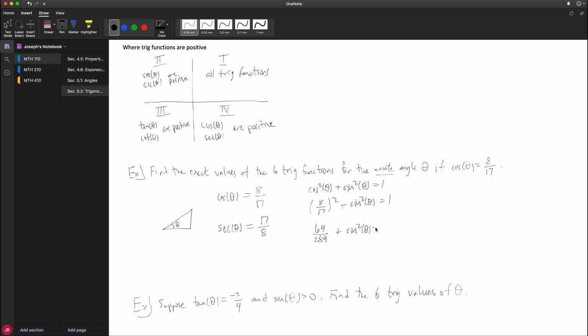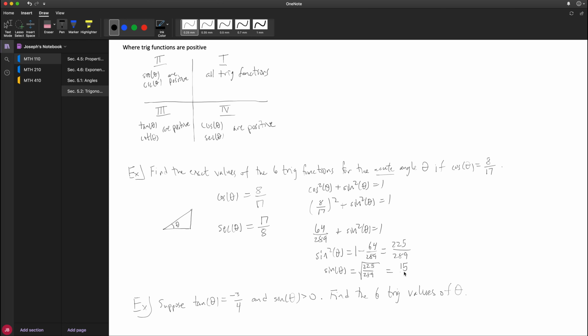And so I can solve for sine squared theta just by subtracting this fraction from both sides. And I get 225 divided by 289. And so to solve for just sine of theta, I just take the square root of this value here. And that is 15 over 17.